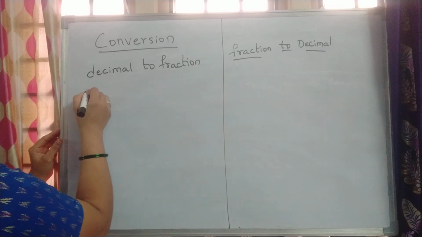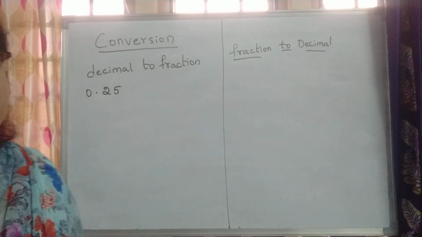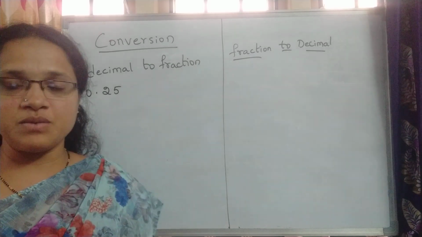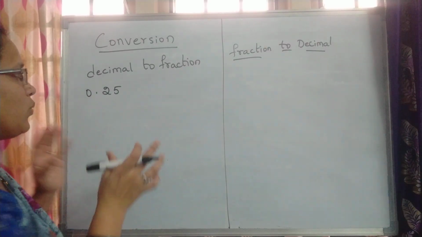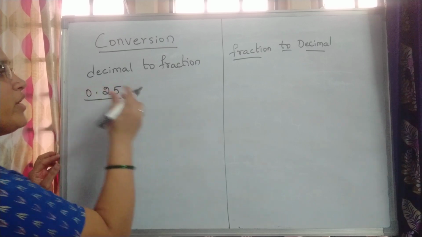Let us take for example any decimal, like 0.25. How to convert this decimal into a fraction? First of all, children, I'll tell you one thing. Write the full number, removing the decimal.